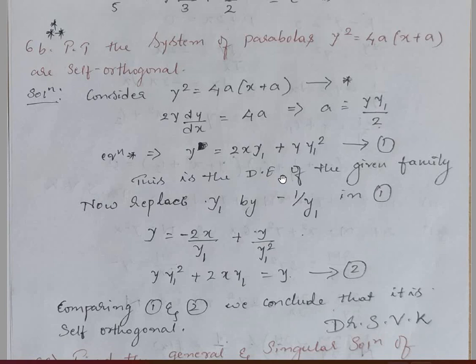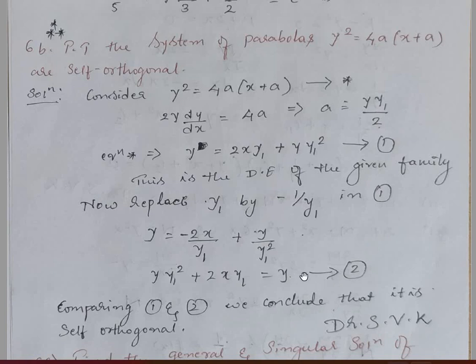Now after finding the differential equation for the given curve, now replace y1 by minus 1 over y1 in equation 1. I got y as minus 2x by y1 plus y by y1 square, and multiplying throughout by y1 square, I am going to get y1 square plus 2x y1 equal to y, and name that as equation 2.